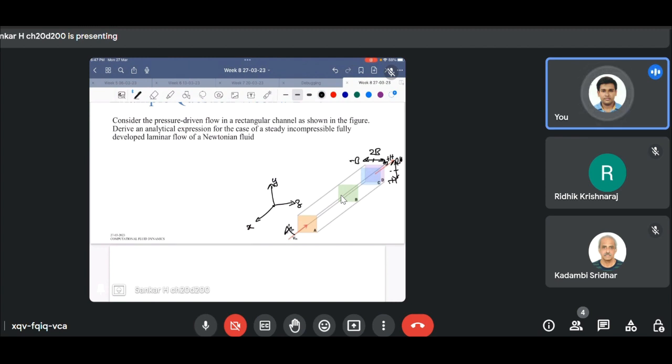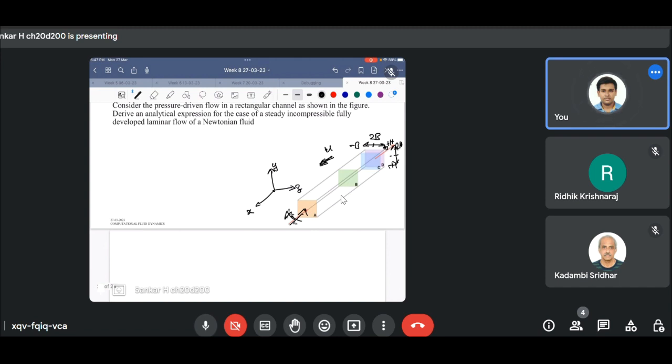Let us assume that the velocity is in this direction, regardless of what the picture says. Let us assume that the fluid velocity u is in this direction.